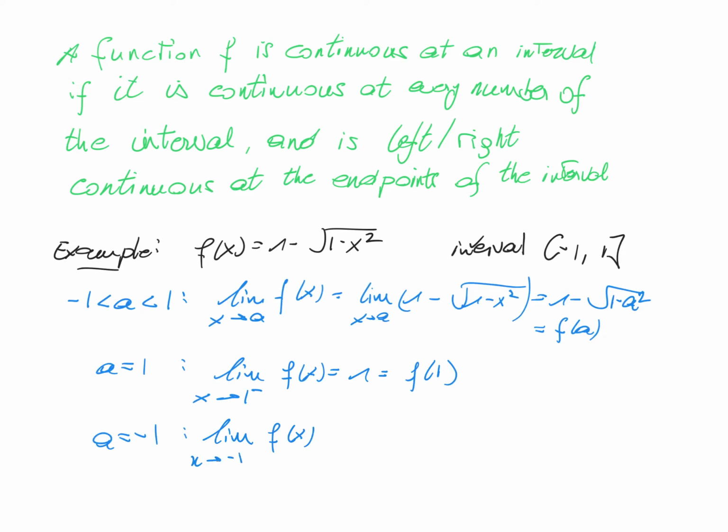Since -1 is the left endpoint, we can only check the right continuity, so we have to take values which are larger than -1. Here again, the limit will be 1, which is also the function value in -1. And so we have left continuity in the right endpoint, we have right continuity in the left endpoint, and we have continuity in the interior. So this means that my function f is continuous on the entire interval -1 to 1.